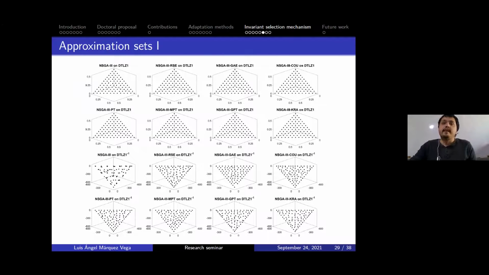Here we can see the approximation sets obtained by the proposed MOEAs. We can see that these MOEAs maintain the same distribution of solutions as NSGA-III on problems with regular Pareto front shapes, while they enhance the distribution of solutions on problems with irregular Pareto front shapes.